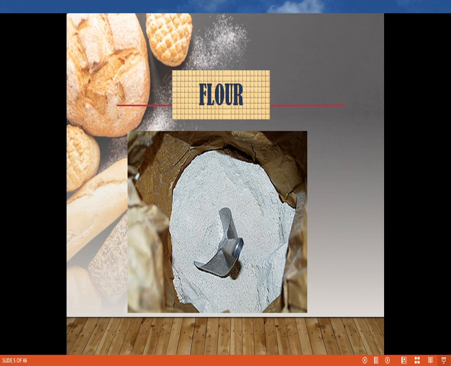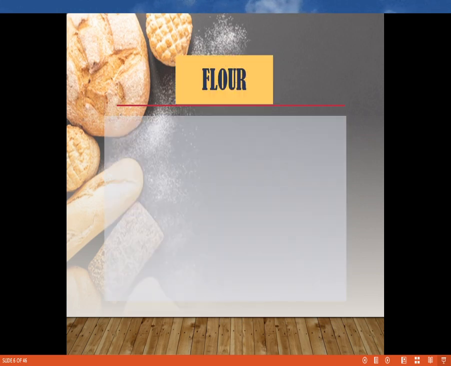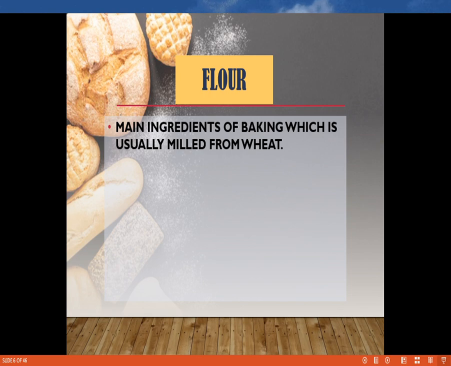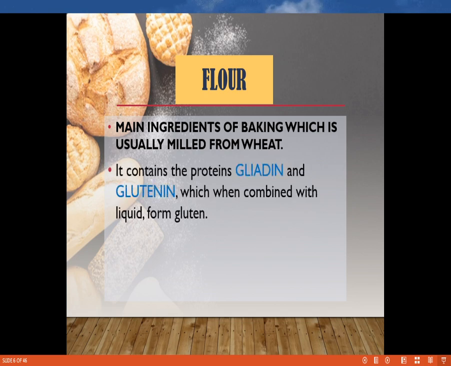Flour. It is a main ingredient of baking, which is usually milled from wheat. It contains the proteins gliadin and glutenin, which, when combined with liquid, form gluten.